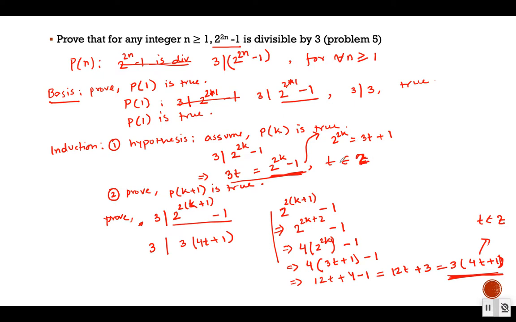Here we already assumed that t belongs to the integers. So that proves that P(k+1) is true. From that we come to our conclusion step: for any integer n greater than or equal to 1, 2 to the power 2n minus 1 is divisible by 3.